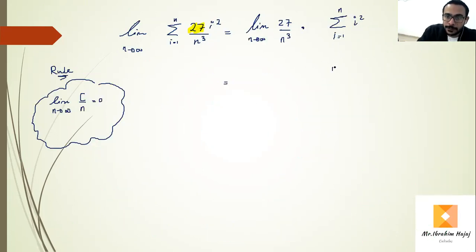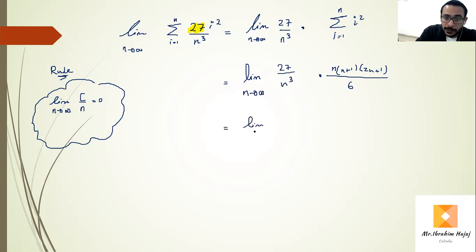So we substitute this, all over 6, because it is i squared multiplied by the limit as n approaches infinity of 27 over n cubed.